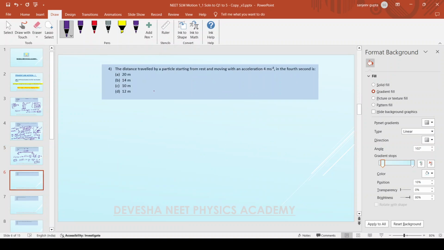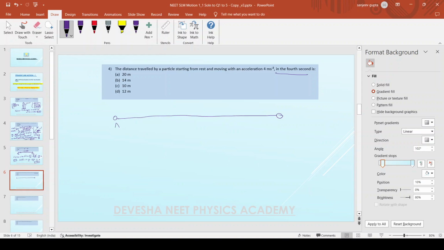Here it's given that a particle starts from rest and moves with an acceleration of 4 meters per second square. How much does it travel in the 4th second? Now imagine a particle is moving from here to here.